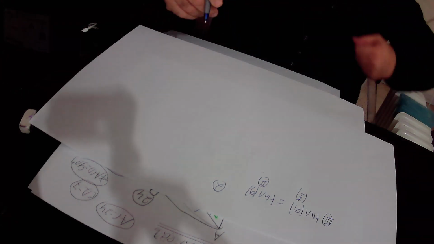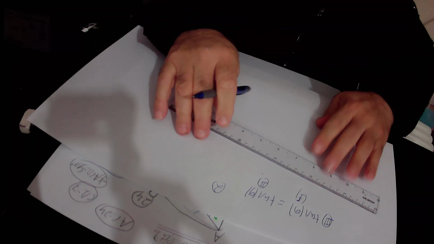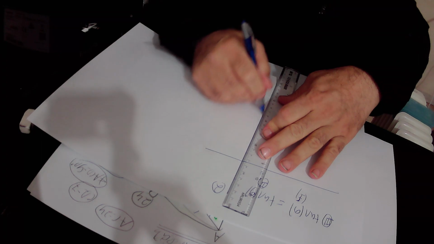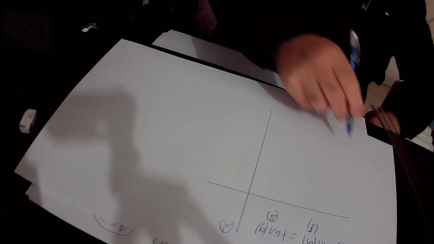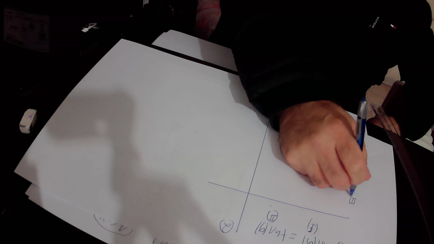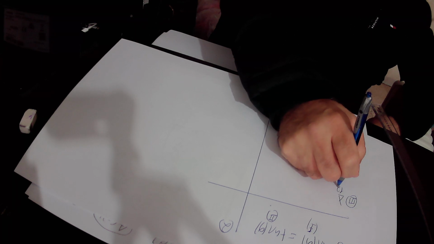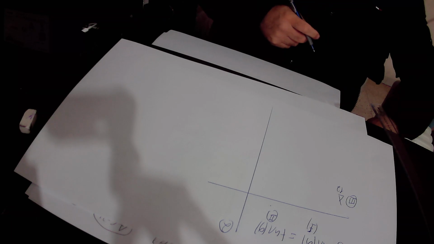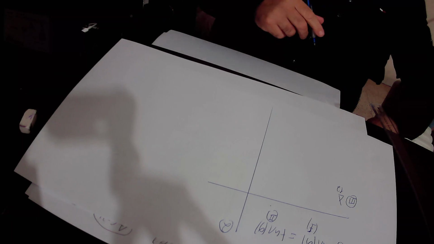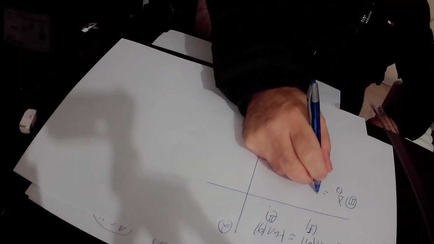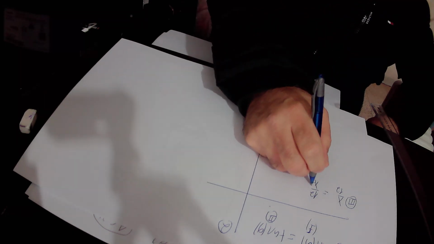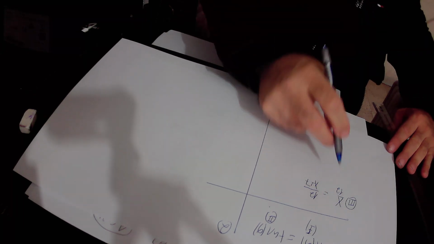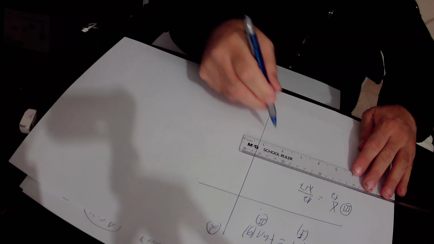So tangent alpha according to equation number 1 equals X over 12, and it must be equal to tangent alpha according to equation number 2, which equals 12 over X plus 7. In conclusion, according to equation number 3, X over 12 equals 12 over X plus 7.